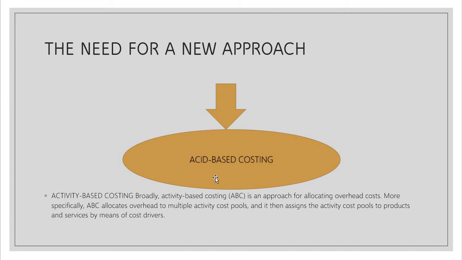That's why most of the companies nowadays are using what we call activity-based costing. So activity-based costing is a method that uses multiple bases. Okay, so the ABC allocates overhead to multiple activities.